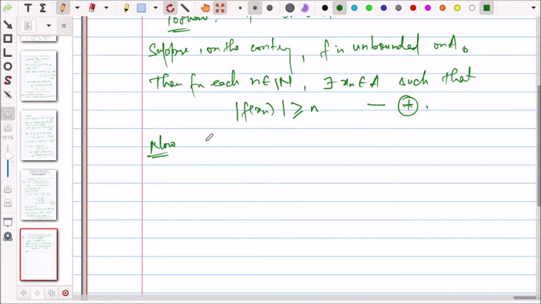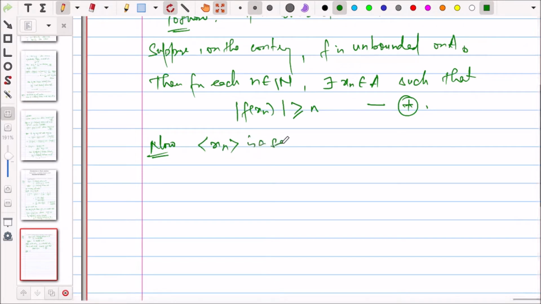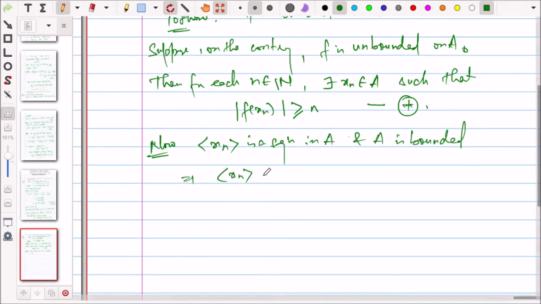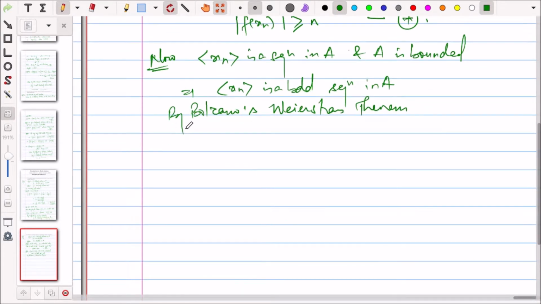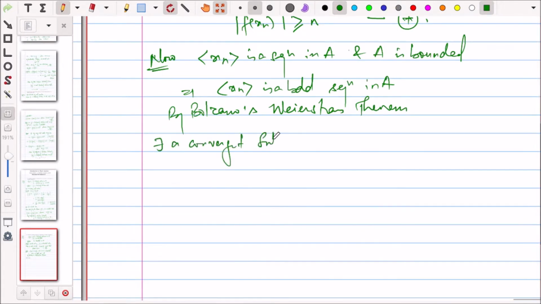Now x_n is a sequence in A and A is bounded, so this implies x_n is a bounded sequence in A. So by the Bolzano-Weierstrass theorem, x_n has a convergent subsequence. So there exists a convergent subsequence x_{n_k} of x_n.